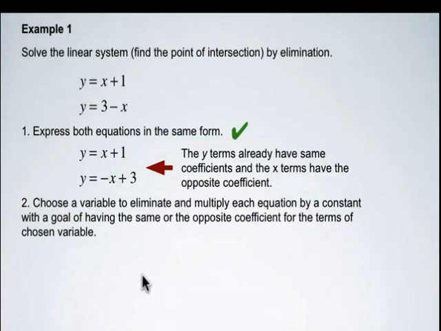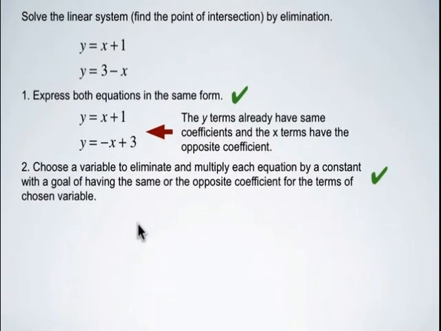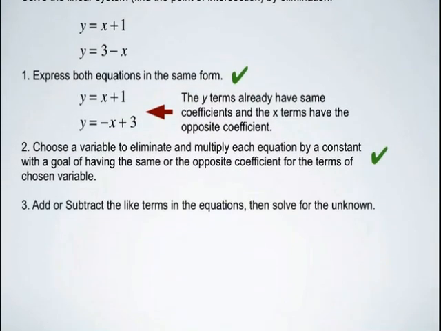So we're already done here, and we could choose to eliminate either x or y in this situation. What we're going to do next is add or subtract the like terms in the equations and then solve for the unknown.